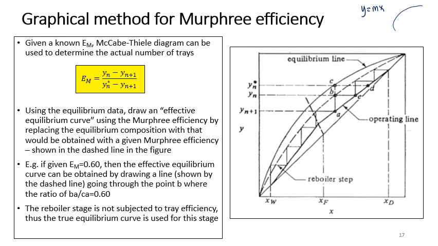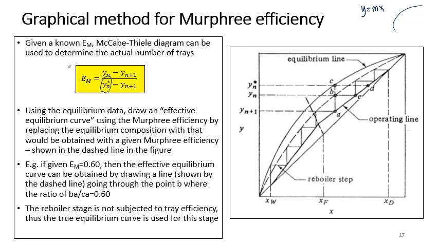Previously you saw the definition of EM, which is the difference in the composition of the vapor phase from plate N to plate N plus 1, divided by the equilibrium composition of vapor in plate N minus the composition of vapor in plate N plus 1.